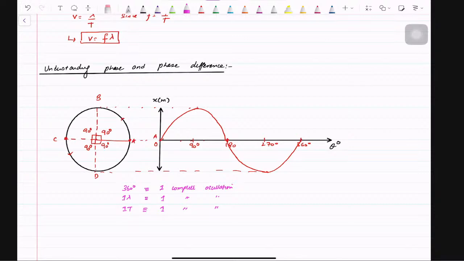It means all these things are happening with respect to each other, parallel to it, right? At the same time.